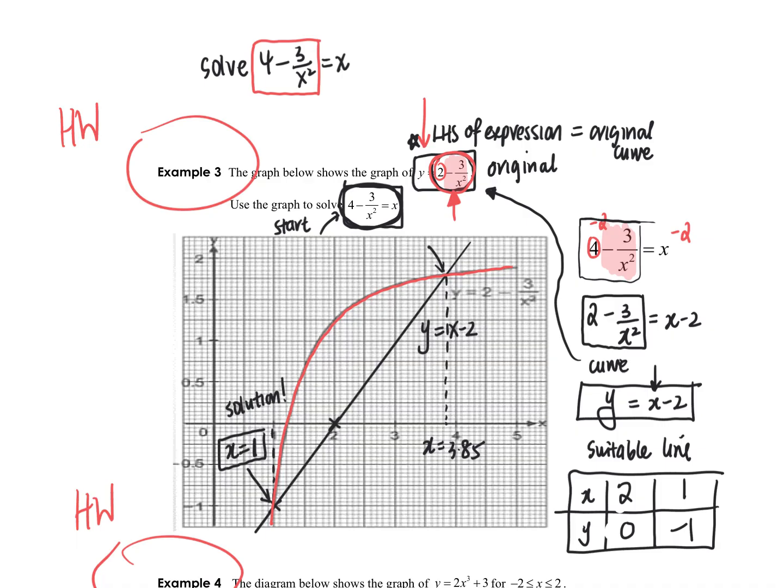So I need to minus the 2 away. This is my curve, and I need my curve to be equal to this line. Then y is equal to x. Then you draw that line out.